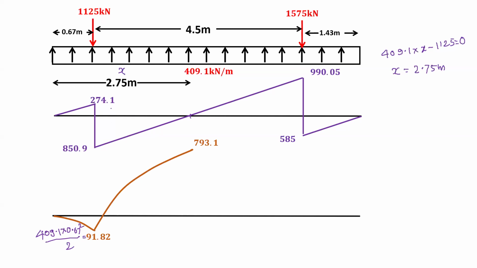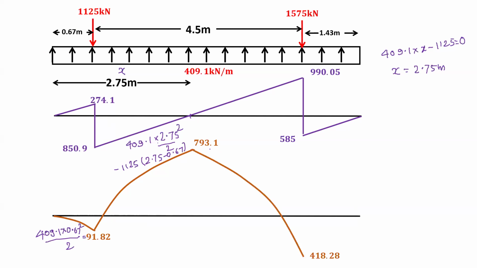We have 409.1 into 2.75 square by 2 minus, due to column load, 1125 into 2.75 minus 0.67, and from this we get 793.1.